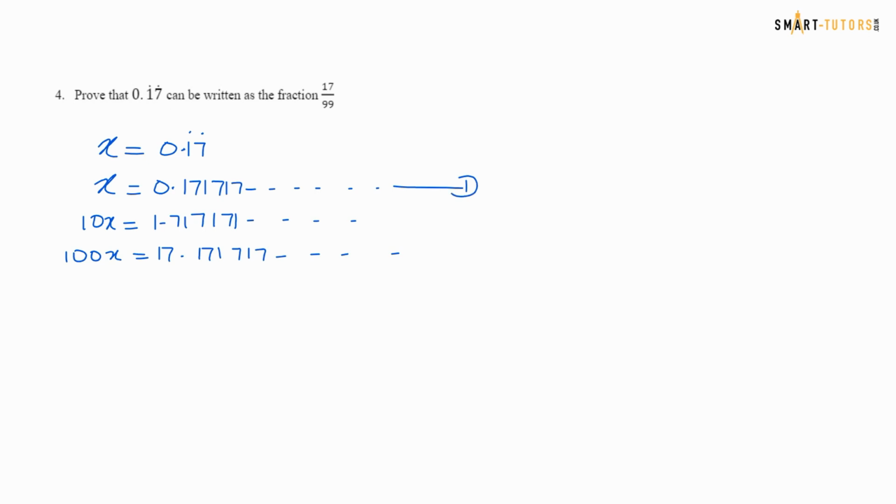If I name this equation 1 and this equation 2, the reason why is the decimal part is 1717, here also 1717. So 100x take away x is 99x equals 17 take away 0, which is 17. x equals 17 over 99. That is the answer for question number 4.